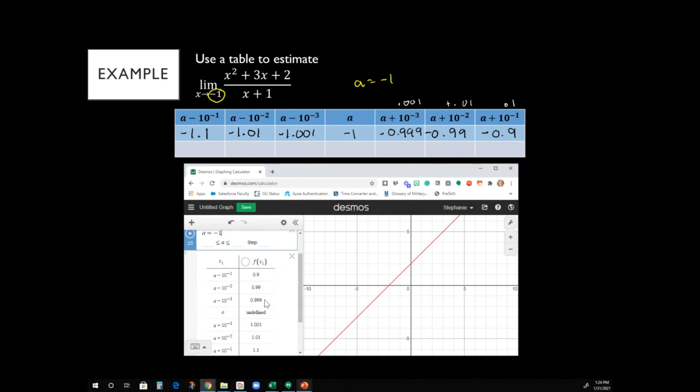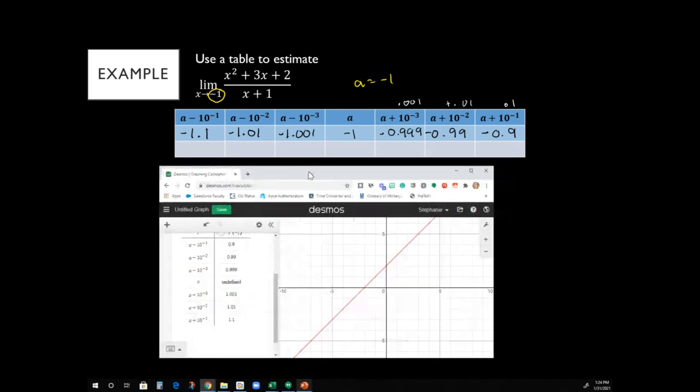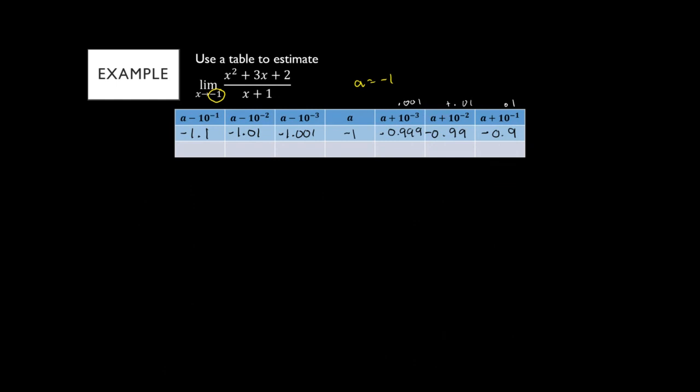0.9, 0.99, 0.999. Again, we're undefined, which is why we can't just plug in the number -1. -1 will make your denominator 0. Then we have 1.001, 1.01, and 1.1. I'm going to move this over so I can see it while I write on my table.